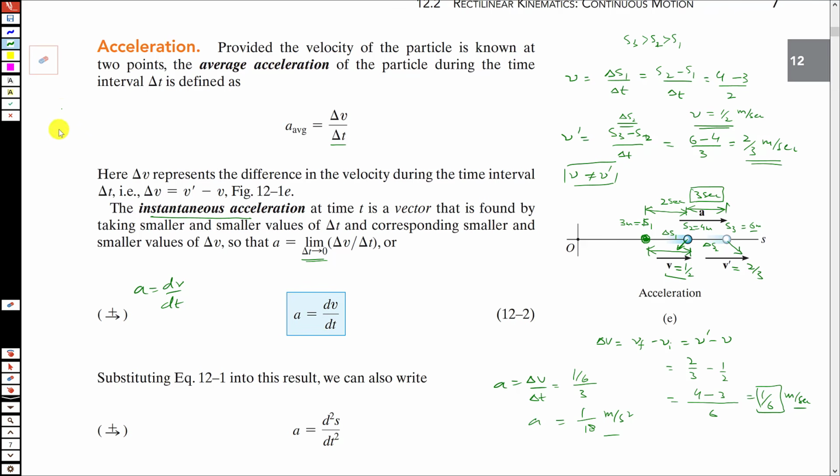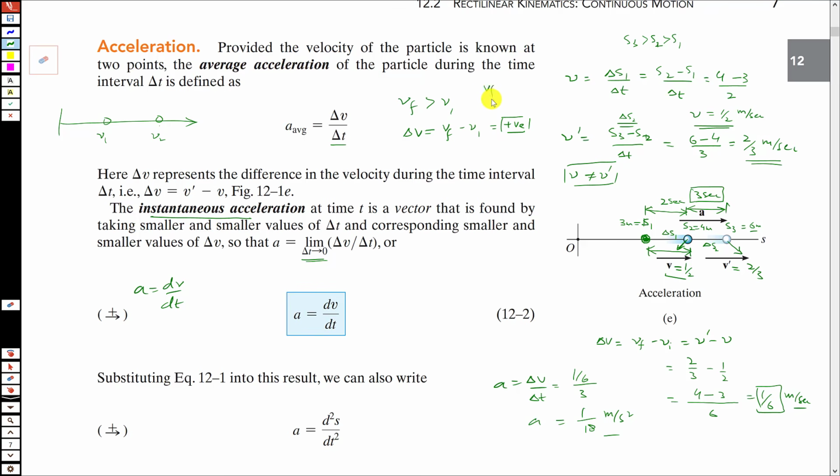Again, if this is the particle, let's say at this point the velocity is v1 and at this point the velocity is v2. If there is a change in the velocity, then there will be acceleration. If the final velocity is greater than the initial velocity, the change in velocity, vf minus v1, will be positive and the acceleration will be positive.